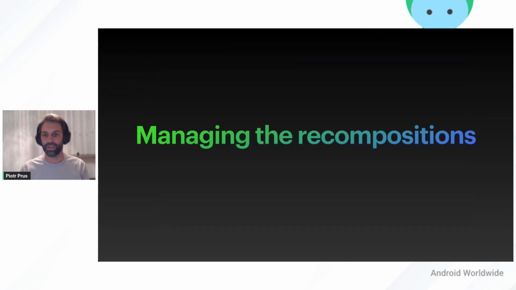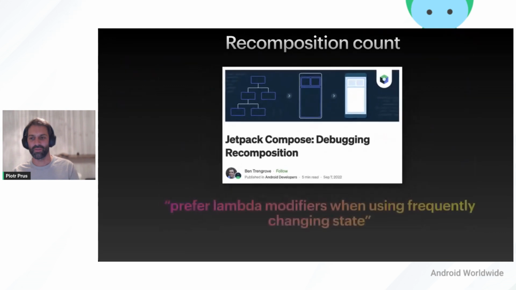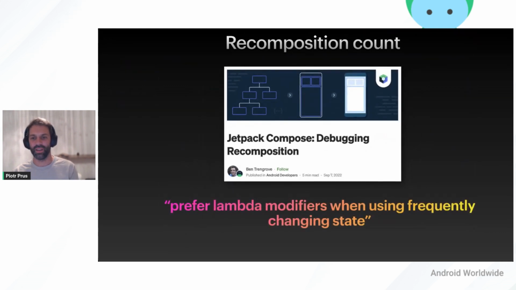So what can we do with that? How can we manage these recompositions? There is a really nice article by Ben Trengrove, Jetpack Compose debugging recomposition. From this article, what you can take is that you should prefer lambda modifiers when using frequently changing state.